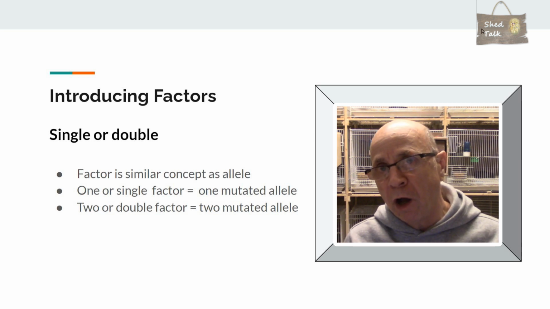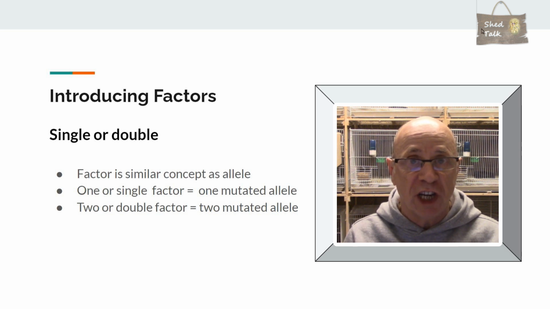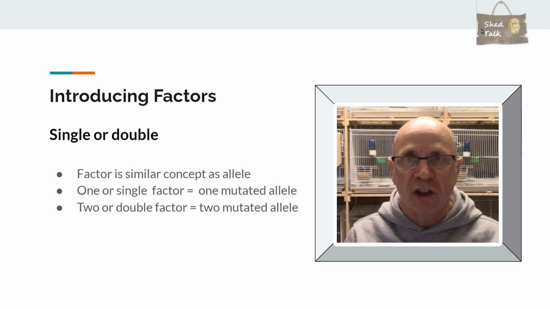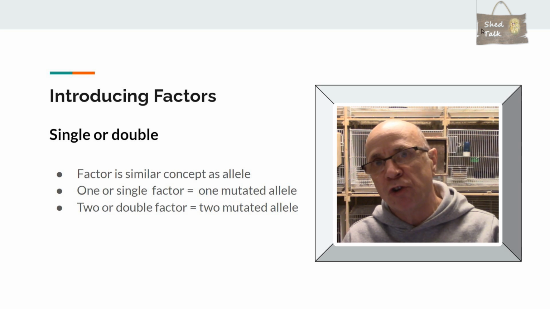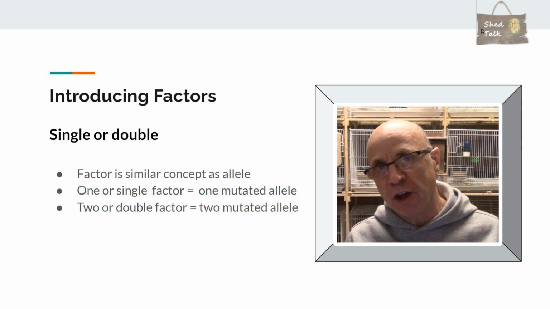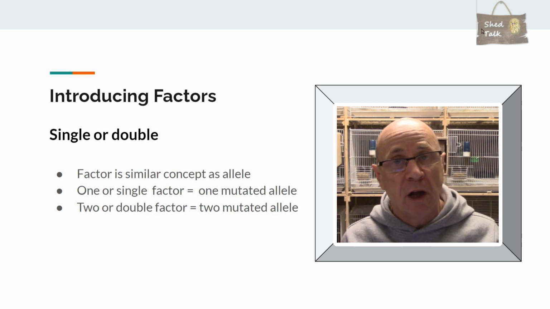Before those early geneticists understood that there were genes, they referred to these as factors because they understood that there were two things interacting to produce a particular outcome in the offspring, and we still use those terms now when we're talking about genetics.